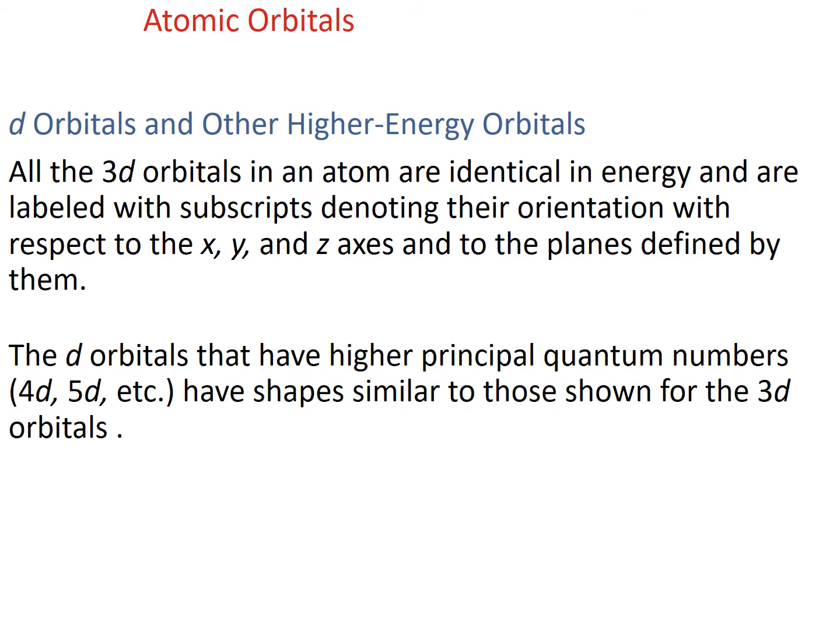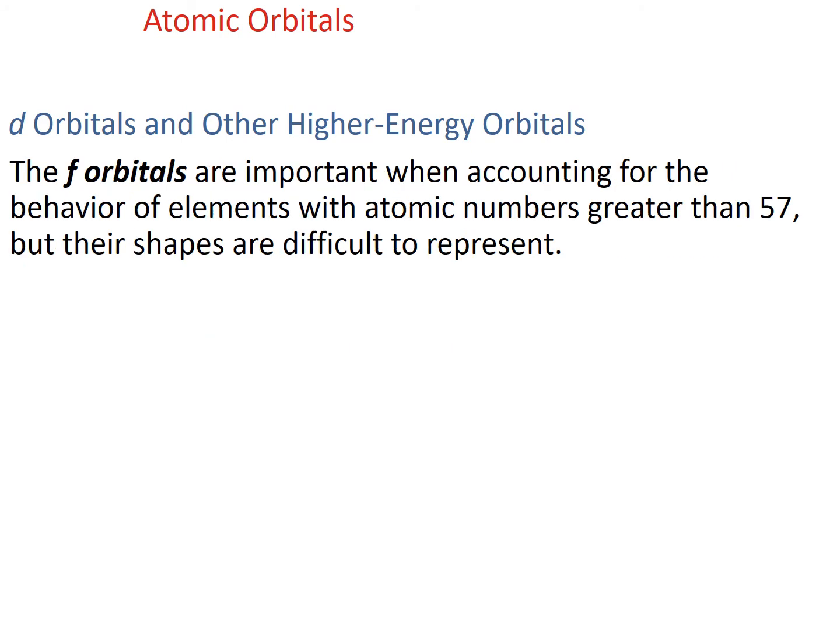And just like the other orbitals, as you increase the energy level, you increase the size and also the energy. So 3d, 4d, 5d, as you increase that principal quantum number, you're increasing the energy of that overall orbital. Like I said, there's the f orbitals. Once you get to really large atoms, they become more important. Some locations on the periodic table we haven't talked too much about, like the very bottom of the periodic table, are the lanthanides and actinides. These are also called the f block.